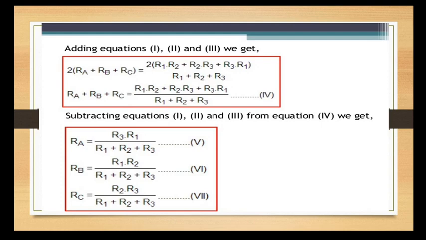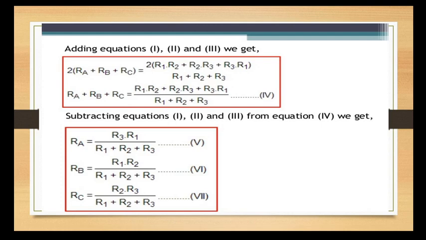That means RA is obtained with the product of R1 and R3, RB is obtained with the product of R1 and R2, RC is obtained with the product of R2 and R3, divided by the sum of the three delta resistances. So we got RA, RB and RC with the help of R1, R2 and R3.